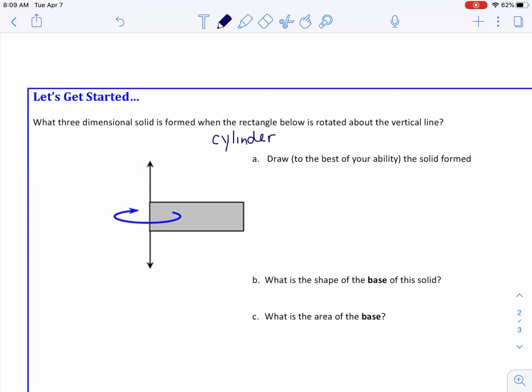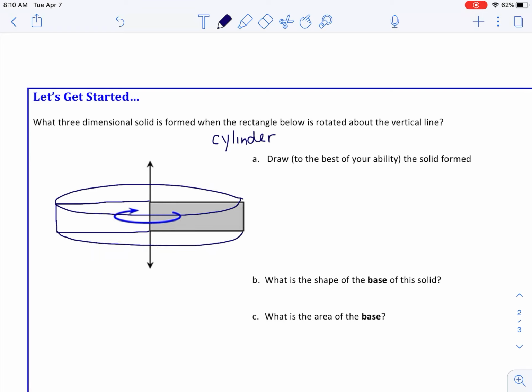Okay, so the way I'm going to do it is, well, it's also going to make this rectangle on this side. Pretty much I'm trying to draw a cylinder. It wraps around the top here. So it's really going to look like the Alexa on the previous page. Maybe that looks a little ugly.